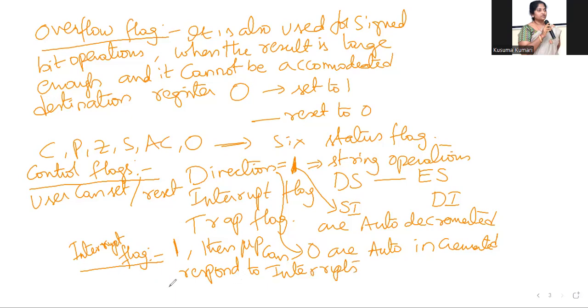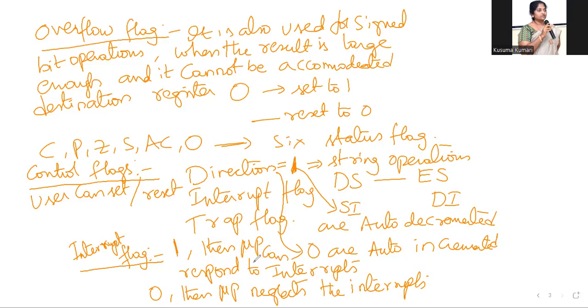If the interrupt enable flag is equal to 0, then the microprocessor neglects the interrupts; it cannot accept them.